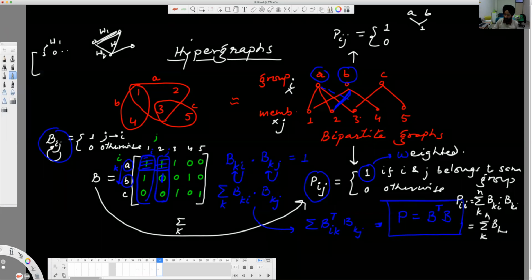What is B_ki? The number of groups a node belongs to, right? Simple. And that information is also important. So diagonal information is also conveying something.